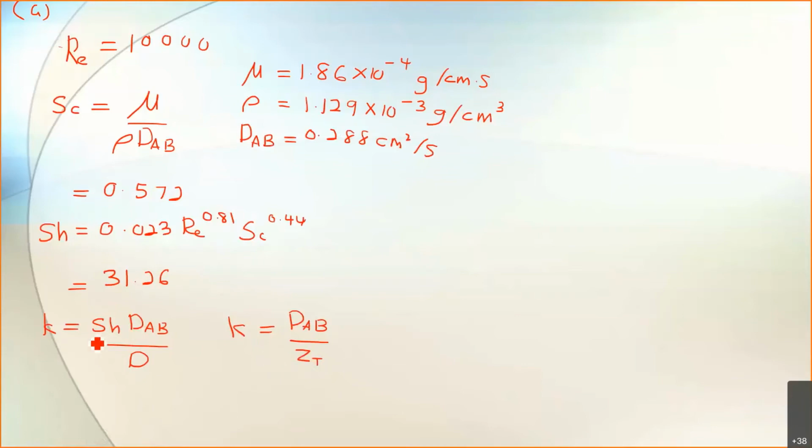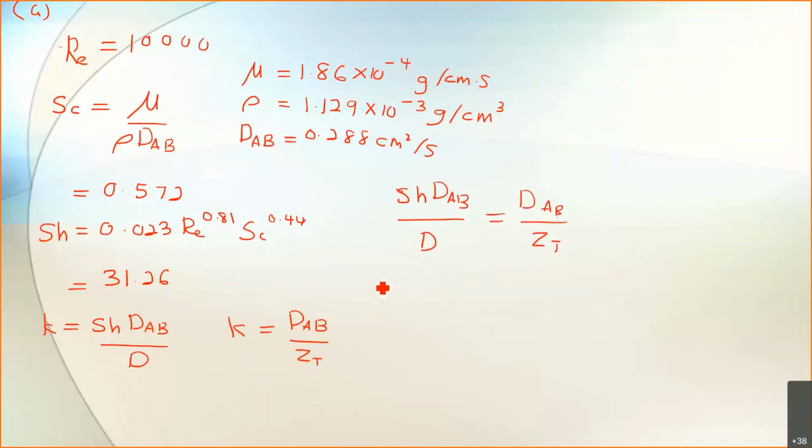So I have two equations for K. I can write Sh times DAB over D equals DAB over ZT.